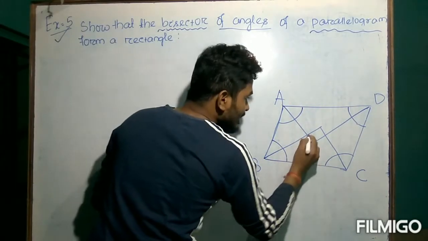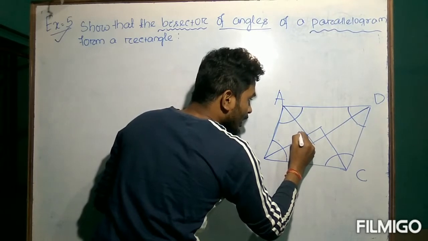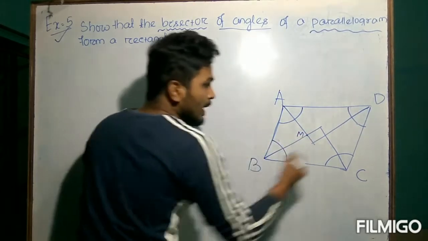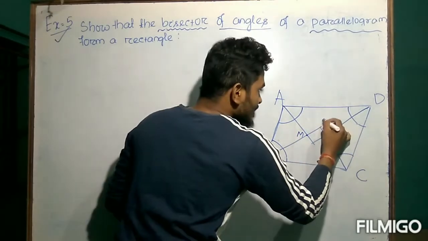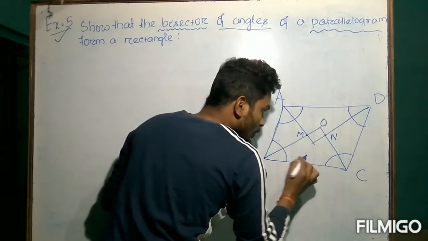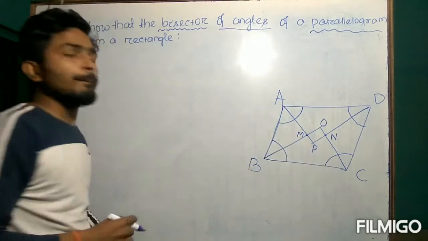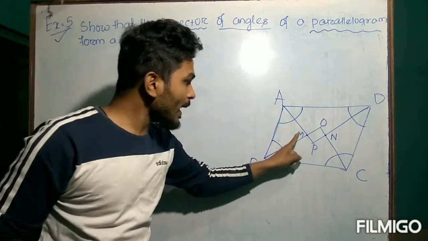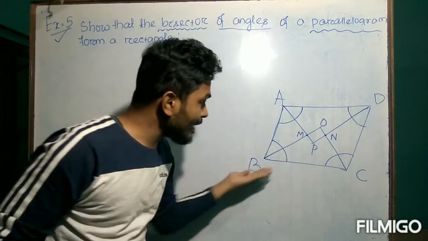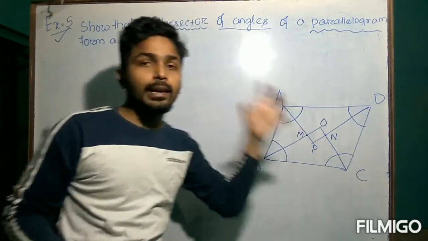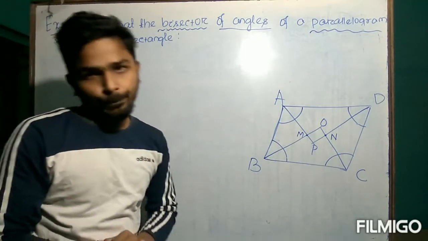Okay, let's say this point is M, this intersecting point is N, this is vertex O, and this is vertex P. Okay, so O, M, P, N. These are the intersecting points of the angle bisectors of the four angles of this parallelogram.